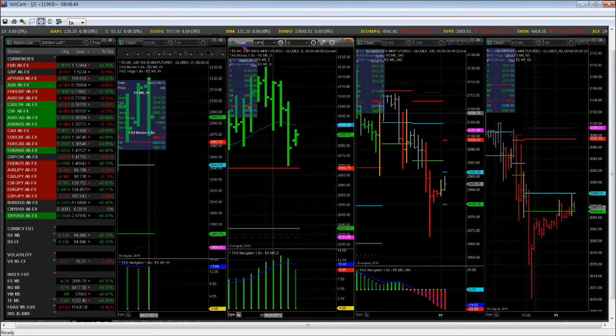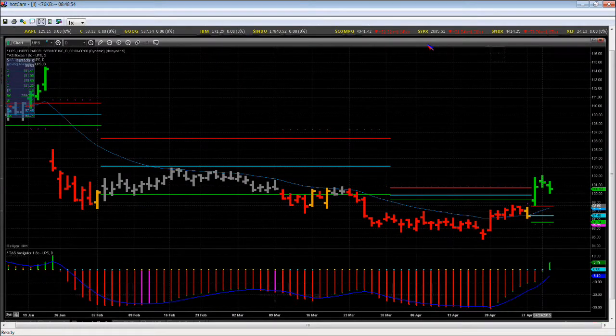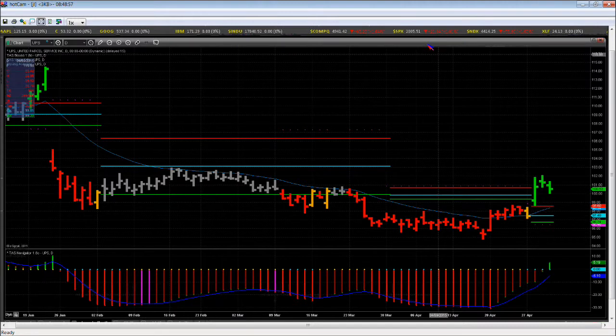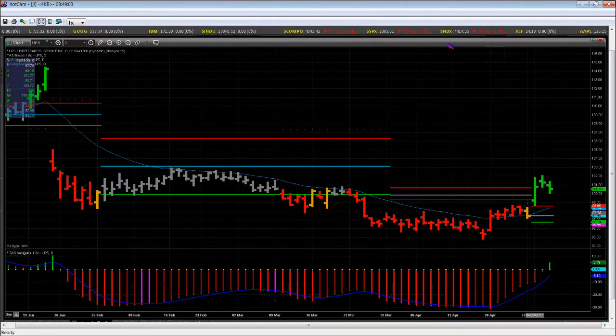And UPS obviously didn't act exactly how we wanted it to, but that's what stops are for. So we had some earnings situation come out on this one. We talked about not staying in trades during earnings. So UPS did its move, and then that orange bar right before earnings also gave us an indication there. But let's take a look at Weyerhaeuser.